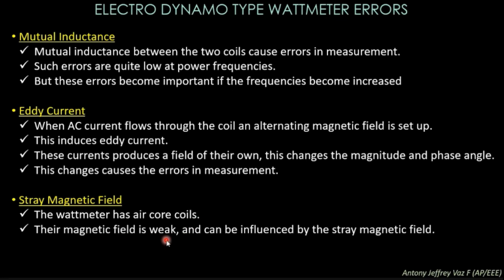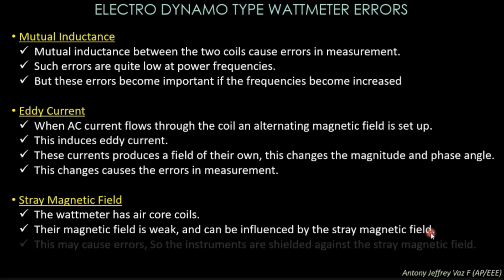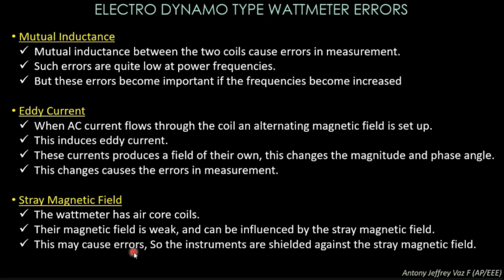The magnetic field is weak and can be influenced by stray magnetic field. This may cause errors, so the instruments are shielded against the stray magnetic field effect. So all the wattmeters are shielded instruments and none of the magnetic field outside can enter into the wattmeter measuring instrument.